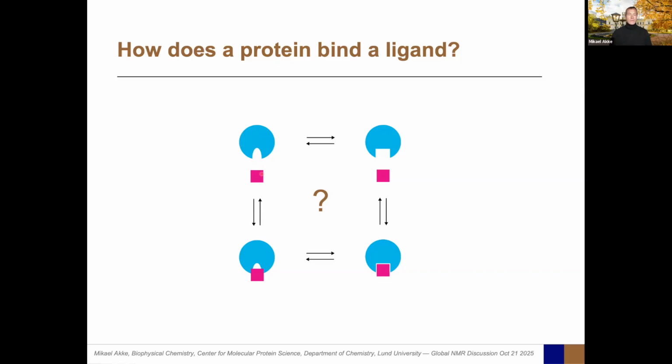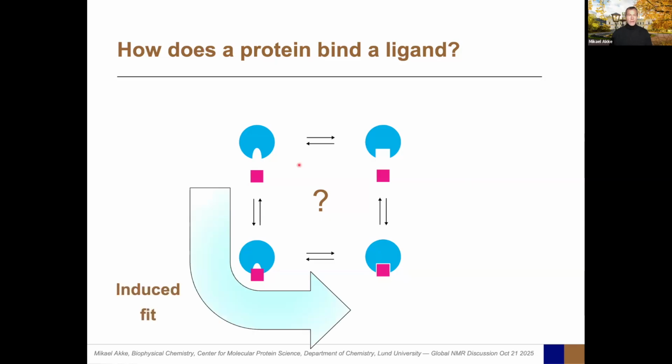Well, the ligand is here, this square magenta shape. So usually the protein has to change its shape in order to bind a ligand, like we have on the lower right-hand side. There's a complementary fit. And then the question is, how does this happen?